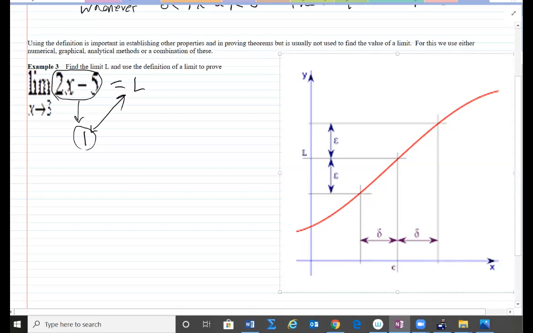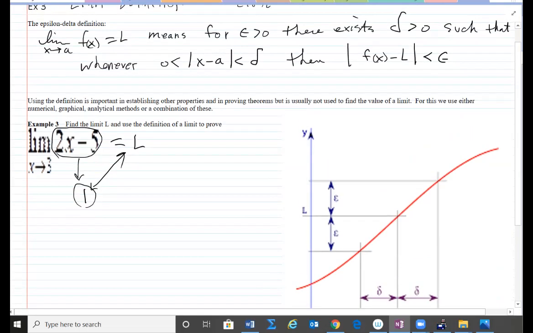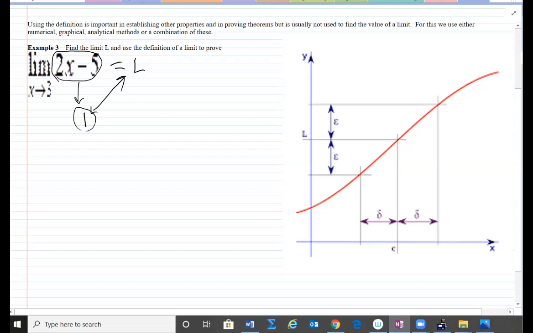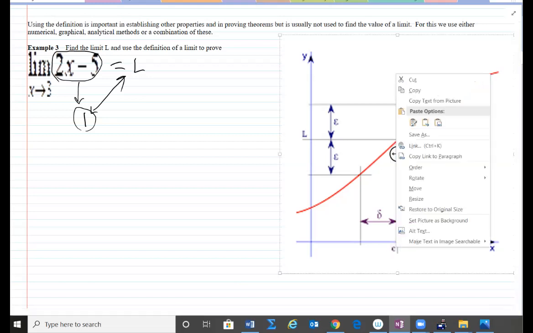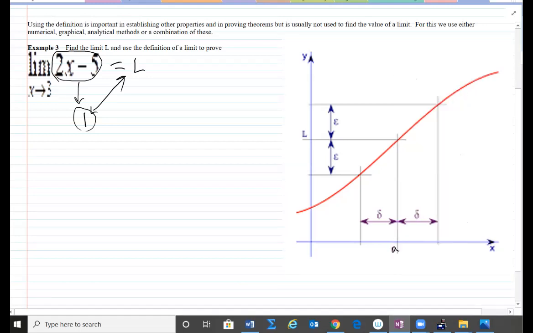Now I just noticed on my diagram here that I have C here, and when I gave my definition up here, I was using an A as my limit point. It doesn't matter if it's an A or a C, but I could make this an A in here. That way we're more consistent.